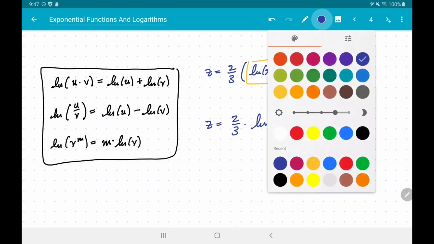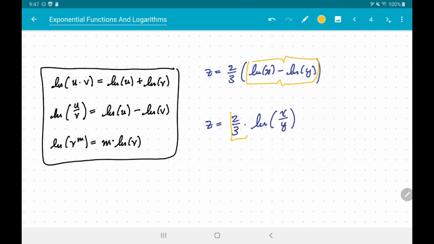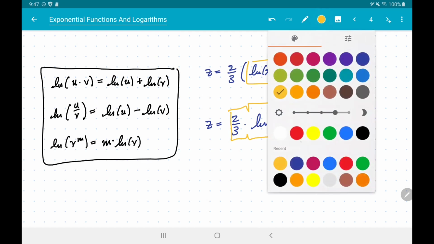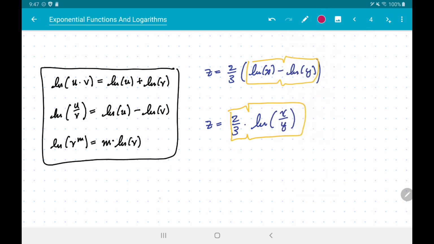Now looking at this, out of these formulas, which one can we apply? This one. So I need to write z equals ln of x over y to the 2/3.